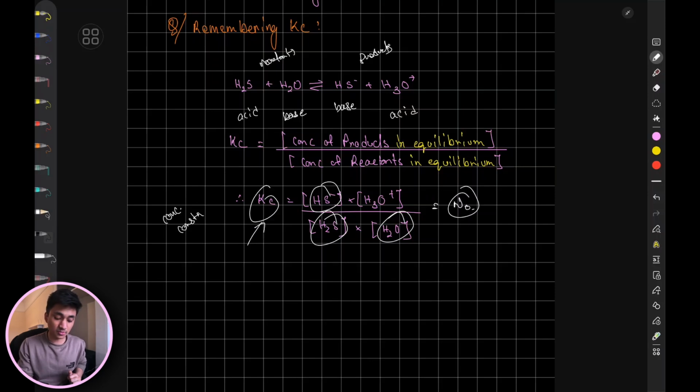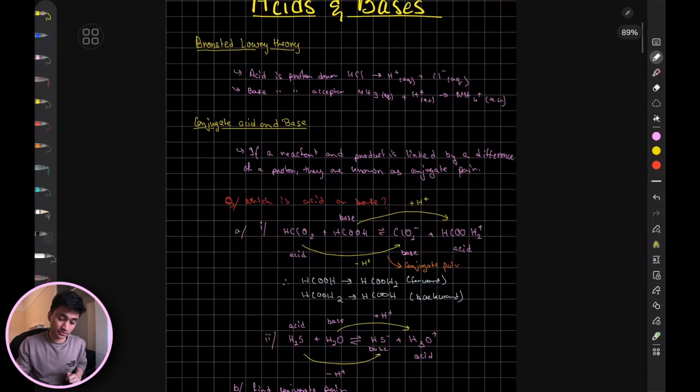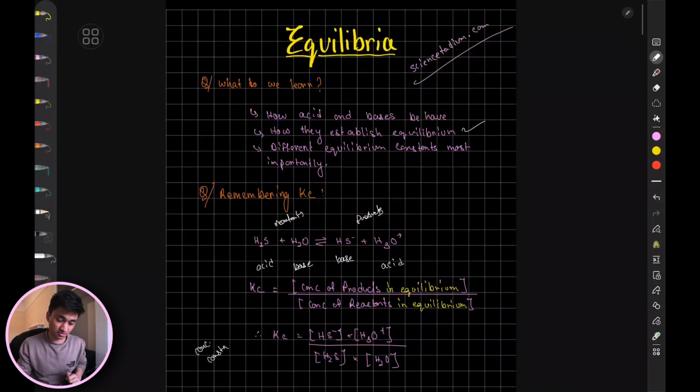So Kc perhaps will be given to you. So if you know that the solution has reached equilibrium, and you know only 3 of the concentrations, and you know the equilibrium constant, you can find out any of the other missing concentrations. That's the usefulness of it. But yeah, that was the basic introduction.